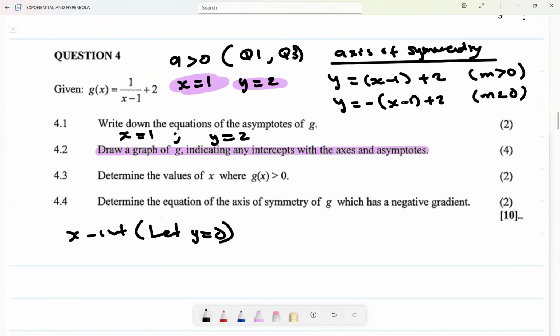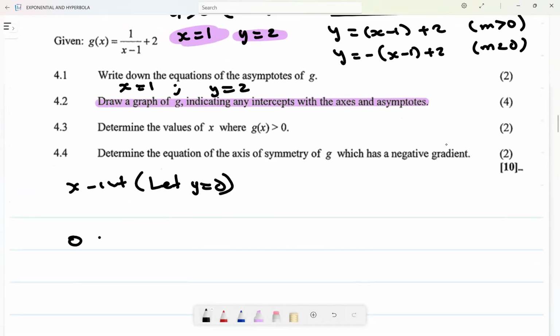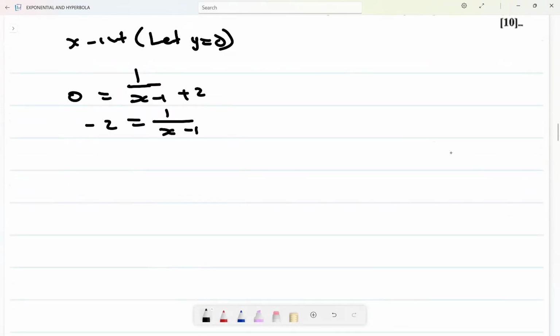So when I do that, it's going to be 0 is equal to 1 minus x minus 1 plus 2, negative 2 is equal to 1 into x minus 1. And then when I multiply this to the other side, it's going to be negative 2 into x minus 1 is equal to 1, and then x minus 1 is equal to 1 divided by negative 2, and then x is equal to negative half plus 1, which is half.